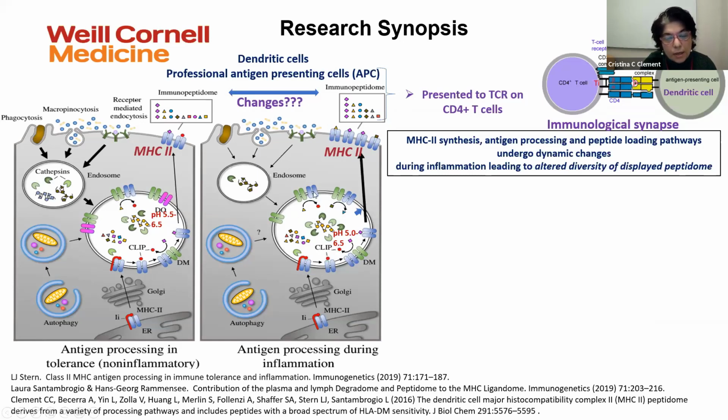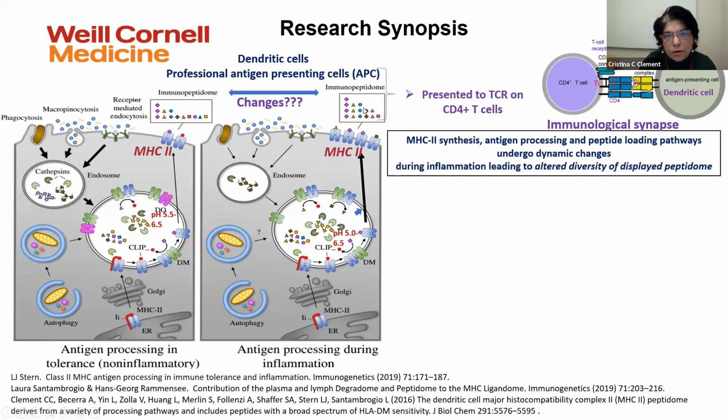Moreover, there could be additional post-translational modifications which can accumulate on both the antigen processing proteins like the cathepsins and also on CLIP or DM. Altogether, this can have a significant effect on the final immunopeptidome which you actually sequence, as you could see in the previous talk of Dr. Paul.